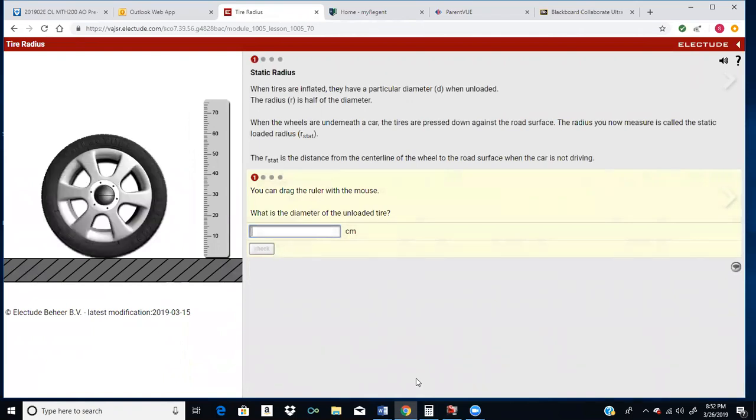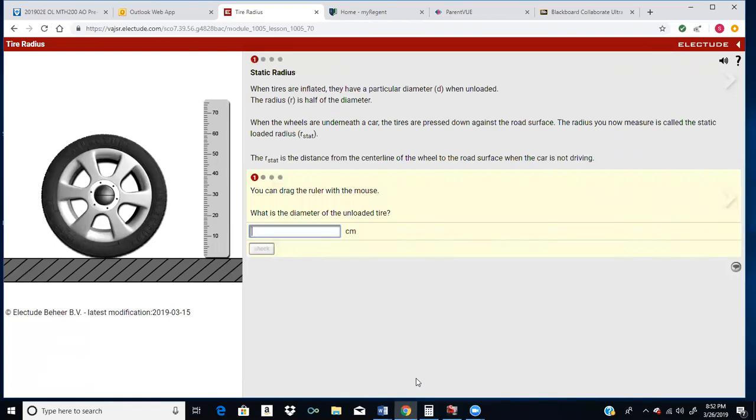It talks about static radius. It says when tires are inflated, they have a particular diameter. When unloaded, the radius is half the diameter. We just discovered that. So we're dealing with a circle, pretty much.